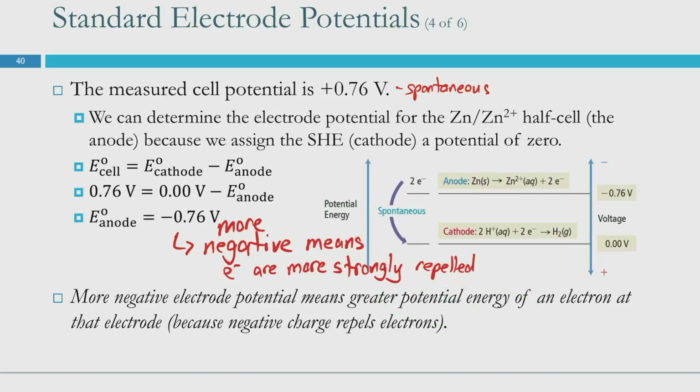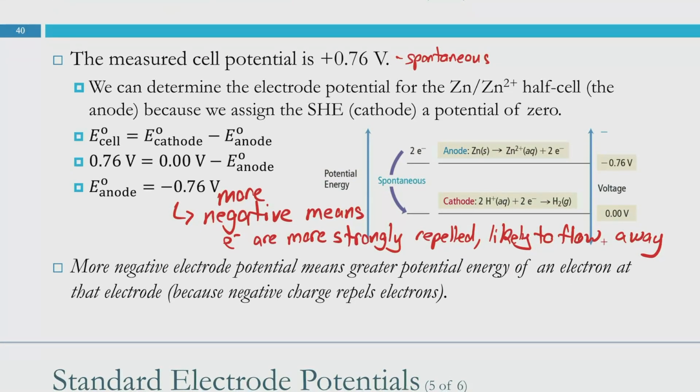Greater potential energy, that's like the higher beaker of water, it's going to flow to the lower beaker of water. So it's more likely that electrons will flow from that electrode to the other electrode. More likely to lose, more likely to give up electrons when its standard cell potential is negative.